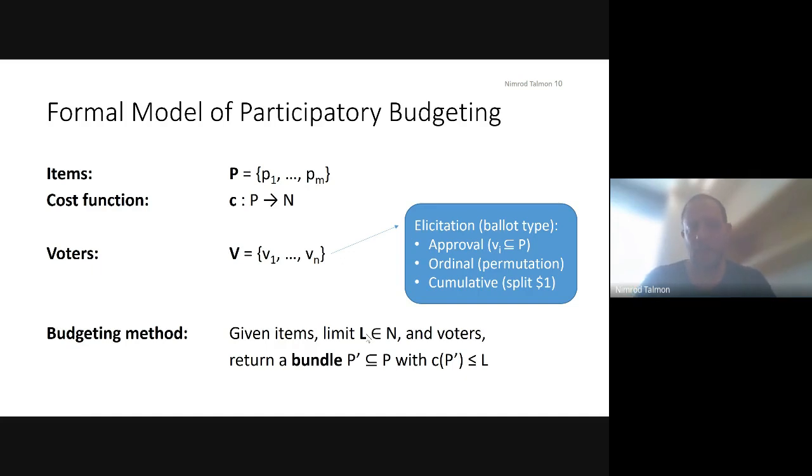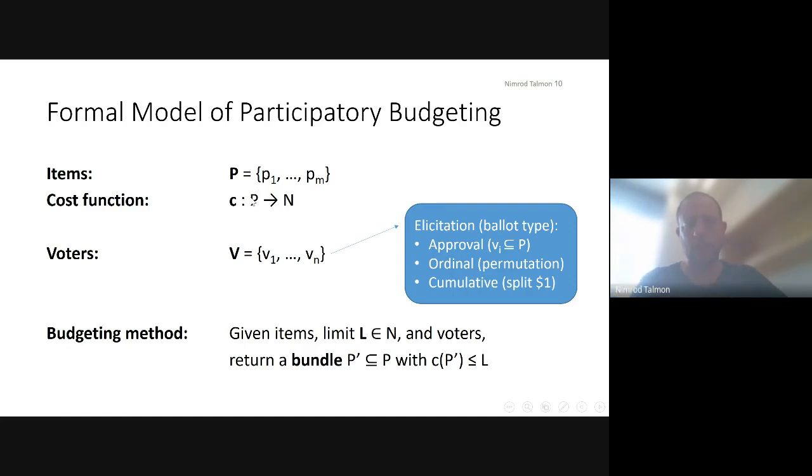And I will try to show several objectives that we want to optimize or achieve, and then how to achieve them from an algorithmic point of view. Okay, so I hope that this makes the formal setting clear, and also that this is really a straightforward generalization of multi-winner elections, because in multi-winner elections, the cost function is just the unit function.